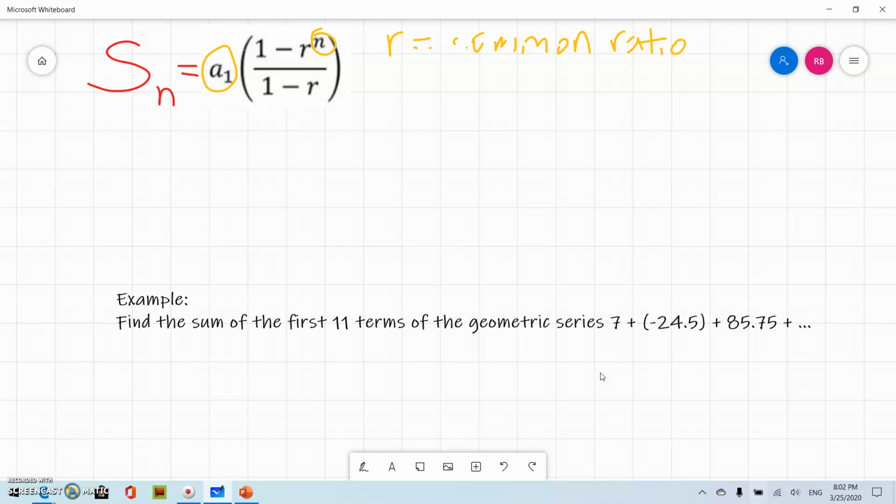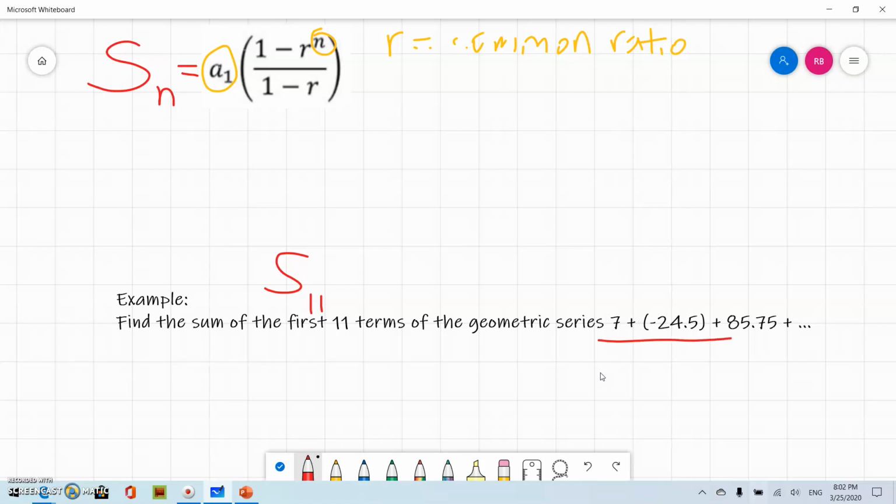The question asks, find the sum of the first 11 terms. So we are looking for S of 11 of the geometric series of this sequence. Since A1 is given, A1 is 7, we still need to find out what R is.